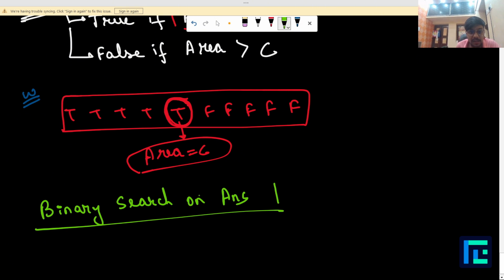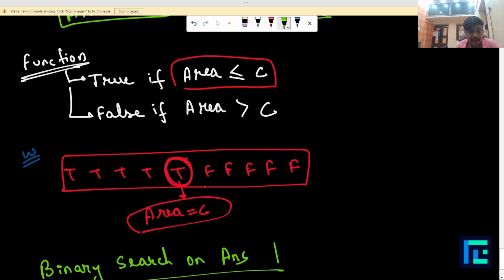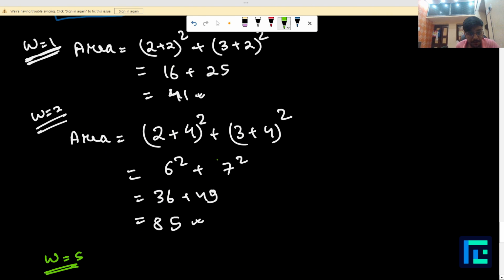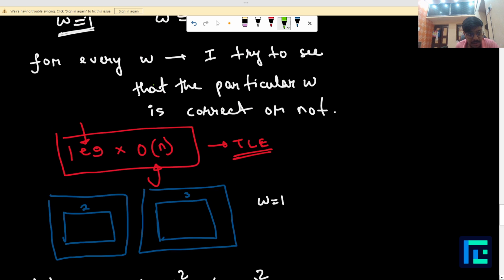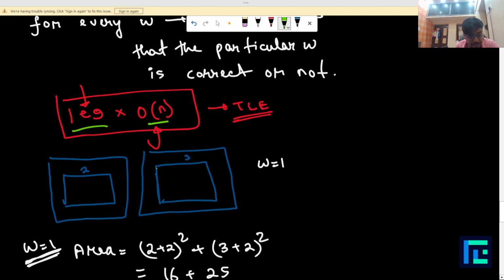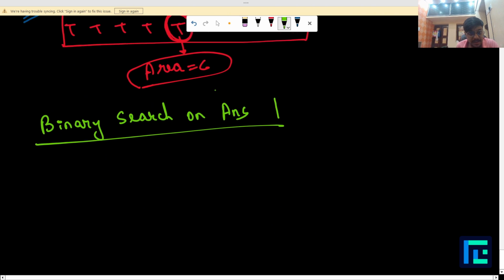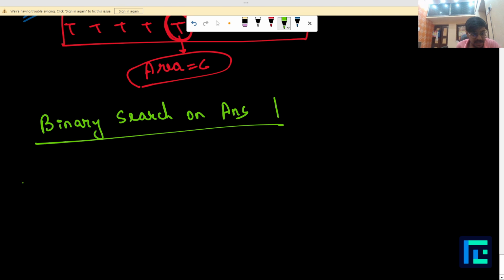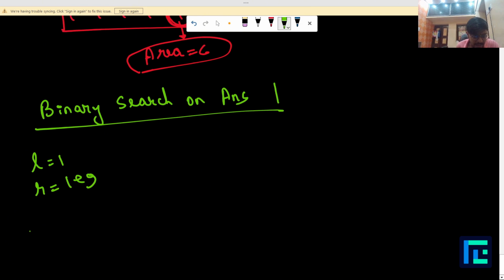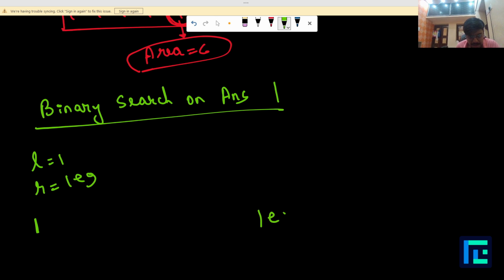So this is a classic question of binary search on answer, and it works because we already saw that while traversing over W one by one, our complexity was this, isn't it? But using binary search, we just initialize our lower value with 1 and, let's suppose, the higher value as 1e9, and now we know that our answer exists between 1 and 1e9.